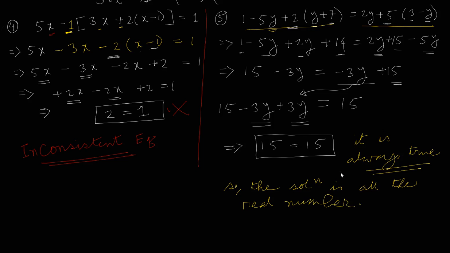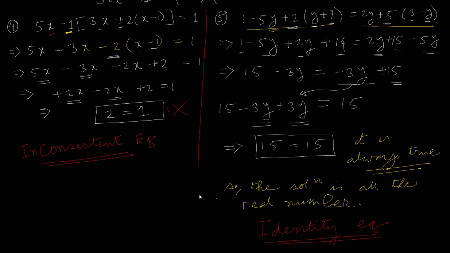So y can take all the real numbers, and this type of equation is called identity equation. This type of equation is called identity type of equation.